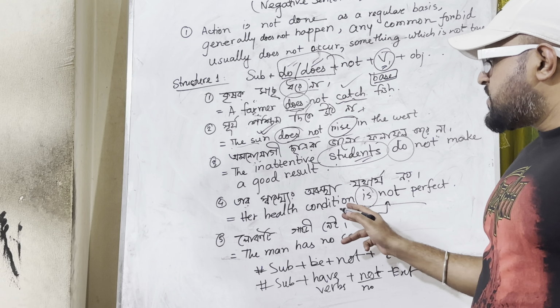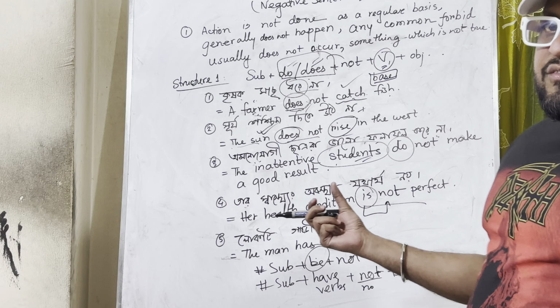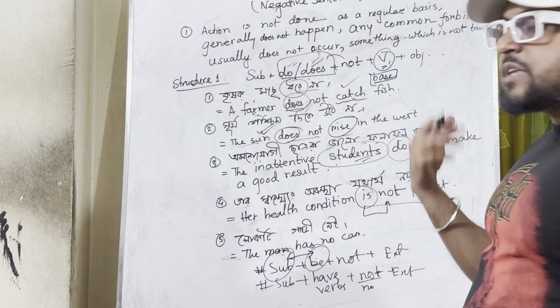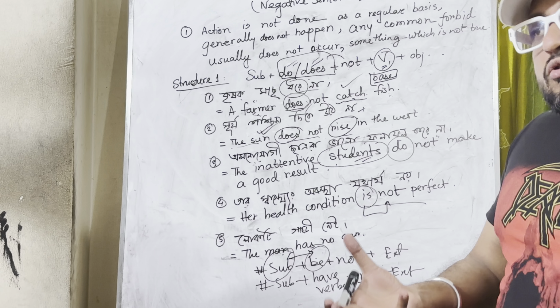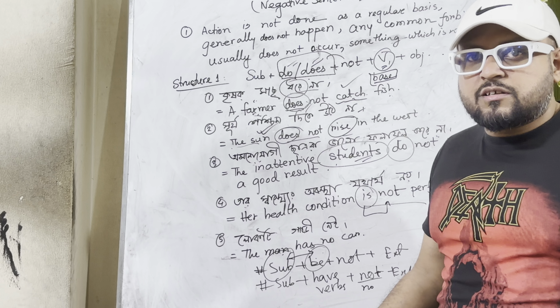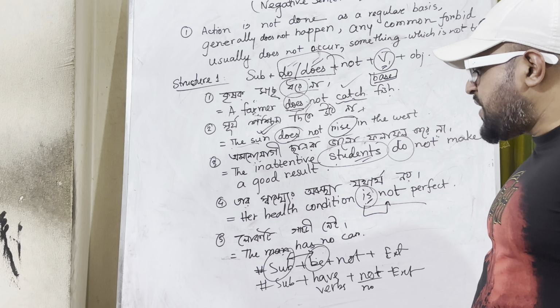The pattern is not so difficult, just remember to use the correct be verb that agrees with your subject. For I we use am, for you we use are, for any type of plural we also use are, but in case of third person singular subjects we use the be verb is. Okay, so this is the technique.